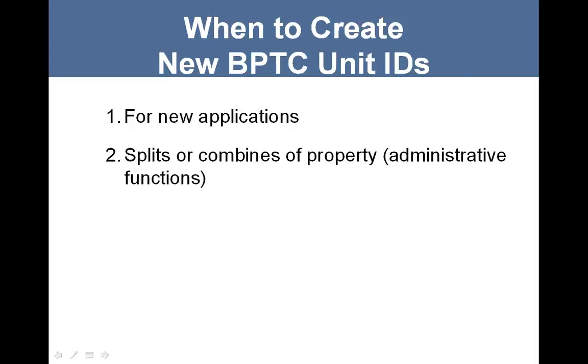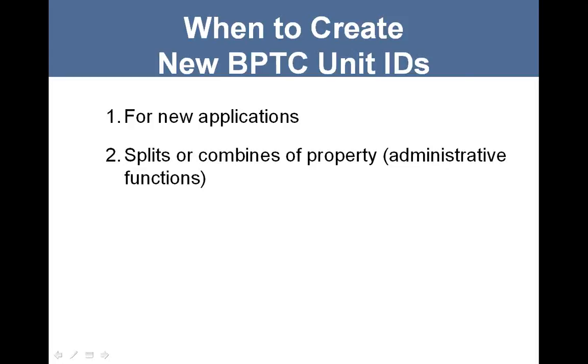Certainly when you submit something to get a new unit ID, if it already has a unit ID, the system is going to ask you if you want to retire that old unit ID, and you probably do. So that's doing it in one motion. But you could certainly retire it, wait a month, and come back and issue a new one. It's just about timing, and it's just about however your workflow works.